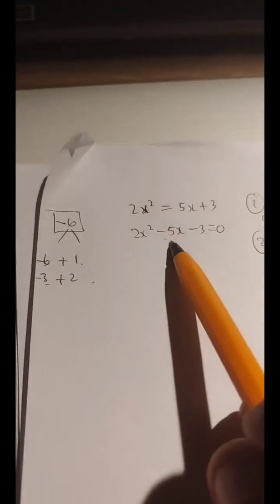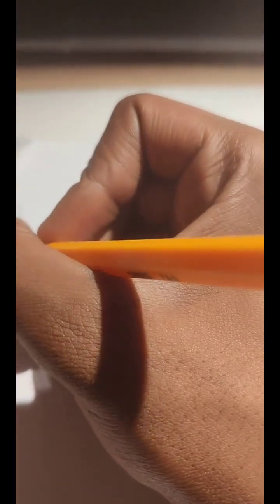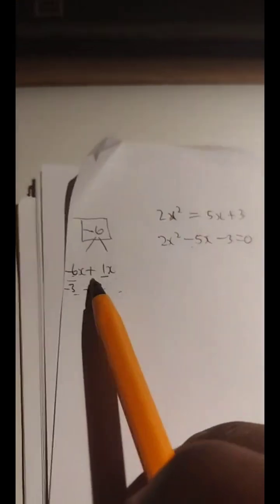Which one, when I add together, gives me negative 5x? It is negative 6 and 1. So I'm going to put x and x next to negative 6 and positive 1, and replace negative 5x with this pair.